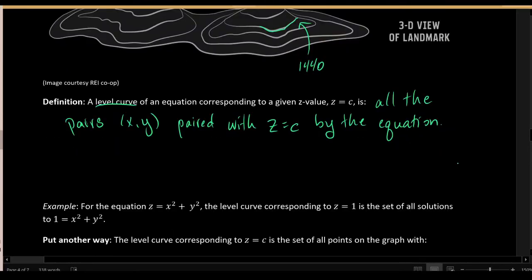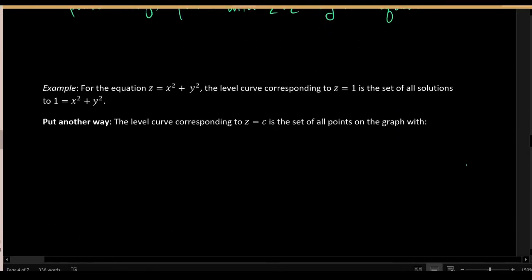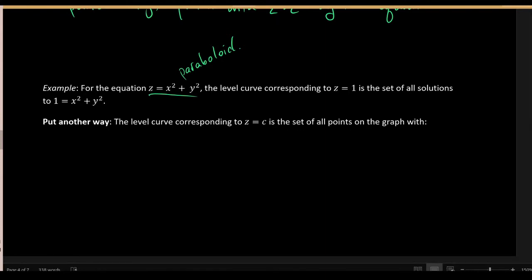For example, suppose that someone was considering the equation z equals x squared plus y squared. Now, do you remember which shape was given by this kind of equation? Remember, this one is the paraboloid. Variable z is equal to the sum of the squared variables x squared plus y squared, the 3D equivalent of a parabola.